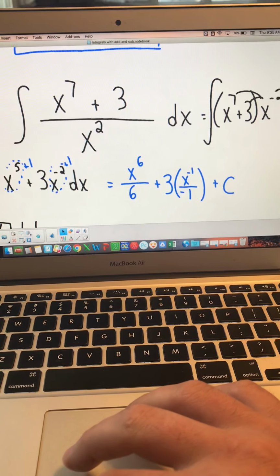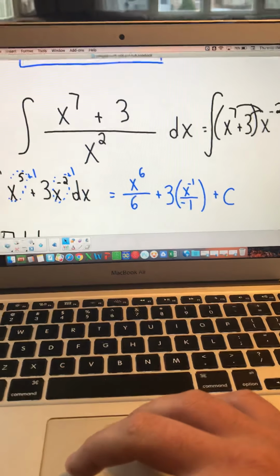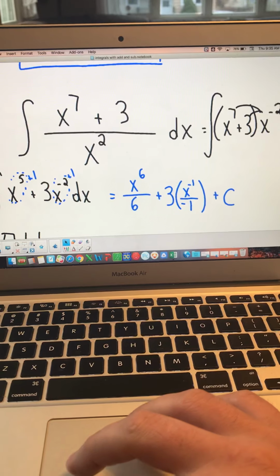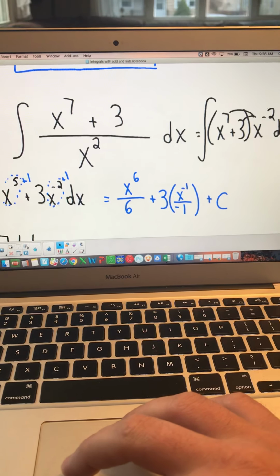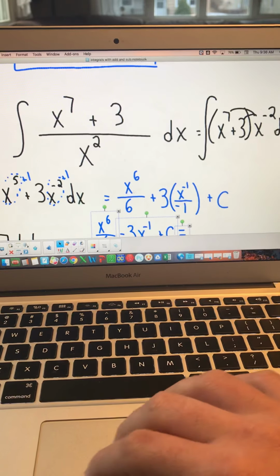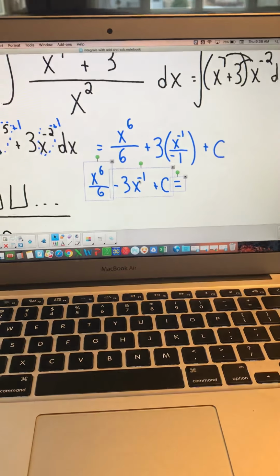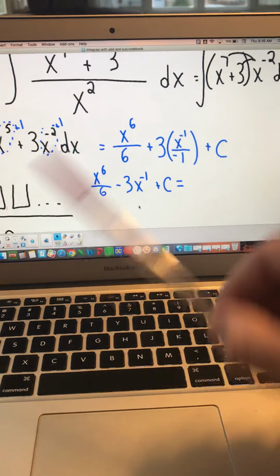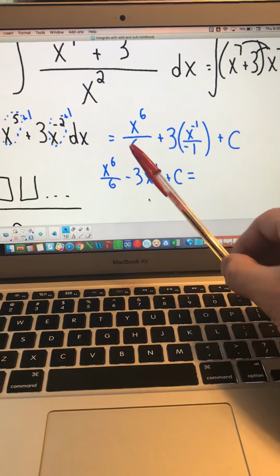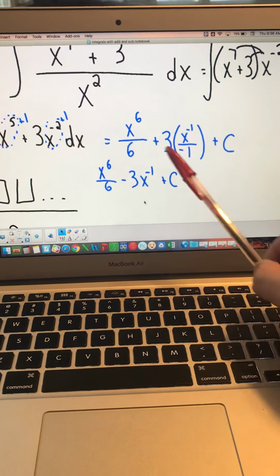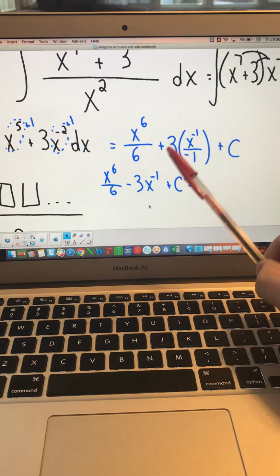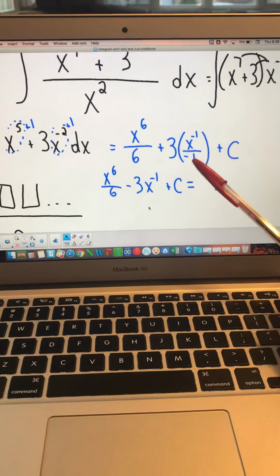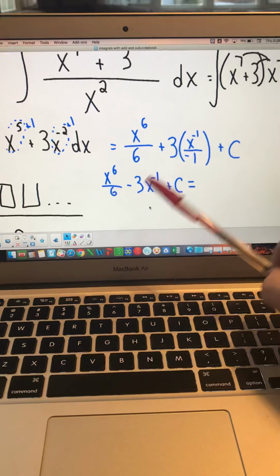Now we can simplify. We don't want radicals. We don't want negative exponents. We've got to put it back in simplest form. So from here, this is going to stay. This becomes a negative 3 because you've got 3 here times this negative 1 in the bottom, which makes this negative.